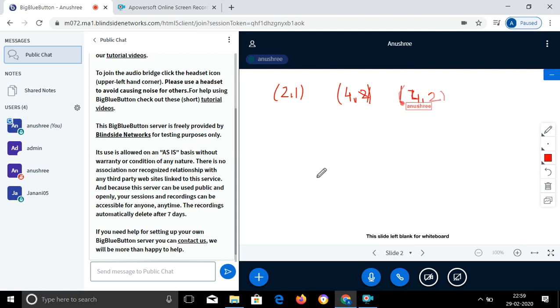Now the very first thing is we have to plot. Just wait a minute.